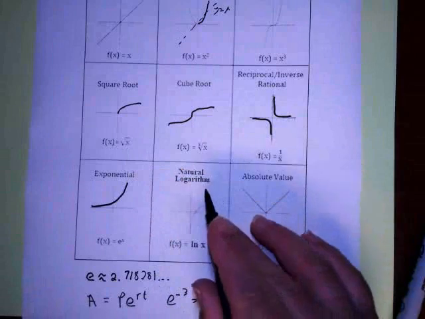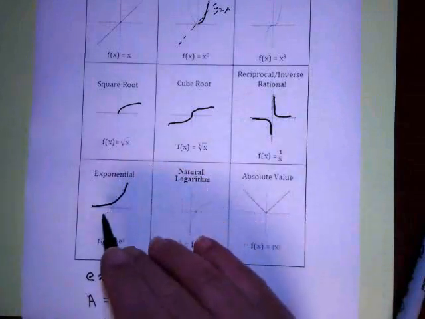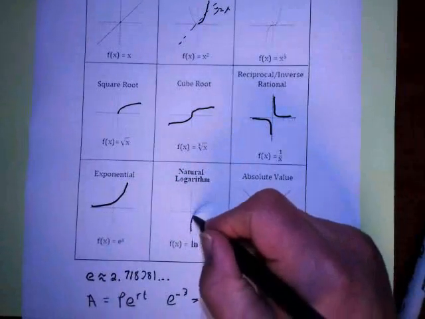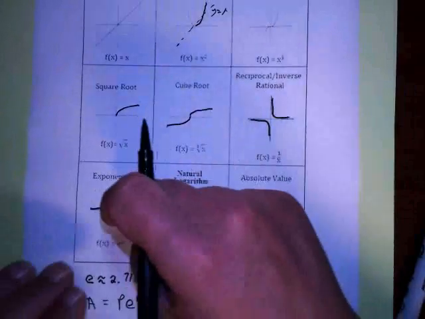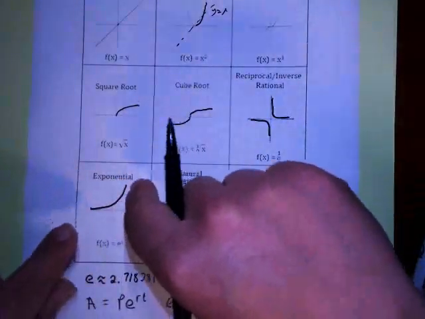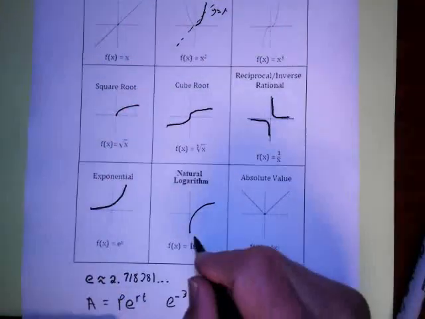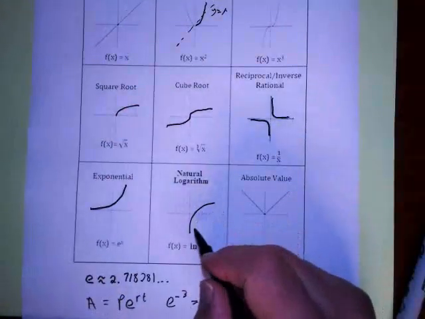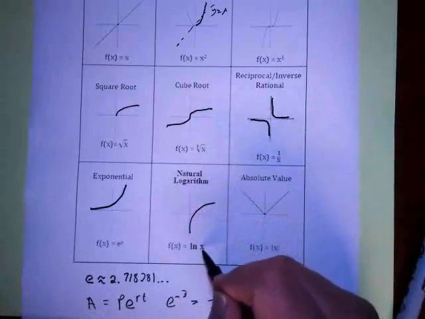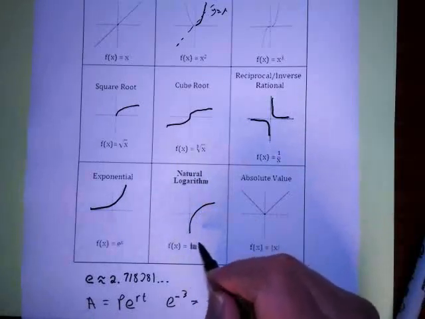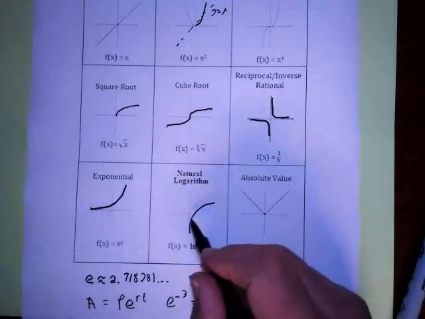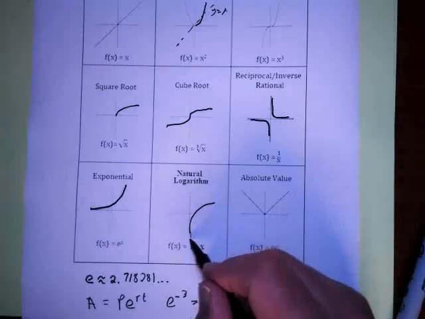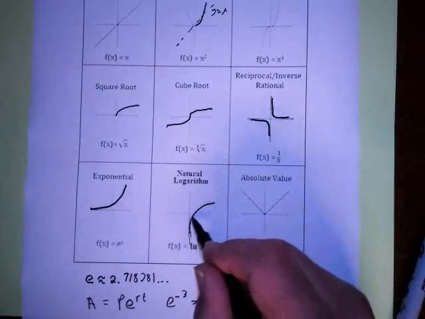Now the natural logarithm is just the inverse of this. Again, you're not just rotating the graph, you're taking these two corners and twisting it around, and you're getting this. You can't have any negative numbers in here, or even 0, but when you're close to 0, you're going down to negative infinity.